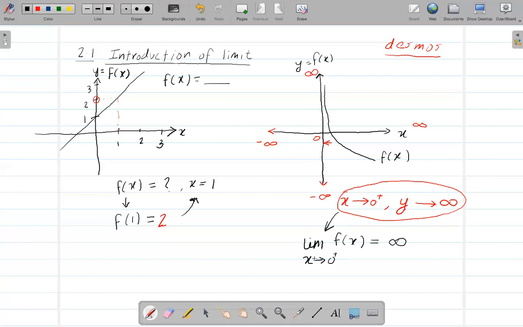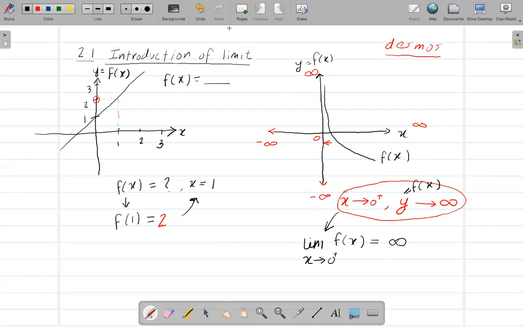Here we're saying that when x approaches 0 from the right, f of x approaches infinity, because y we can also write as f of x. This is the idea of limit.